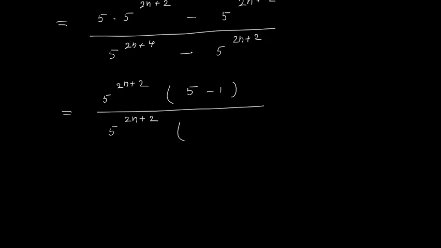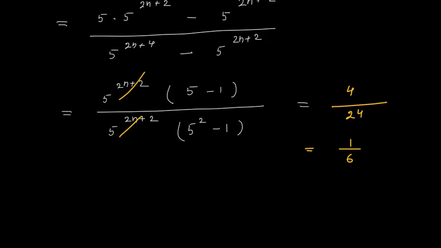So from 5^(2n+4), only 5^2 is remaining. Minus, here 1 is remaining. Now this part is cancelled and here we have 4 divided by 25 minus 1 is 24, 4 sixes are 24, so finally we will get 1 upon 6.